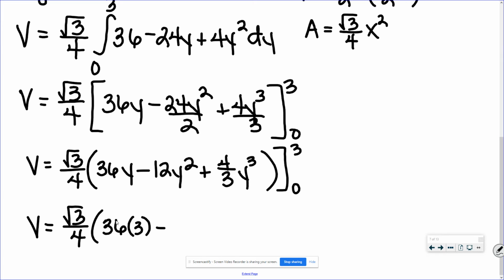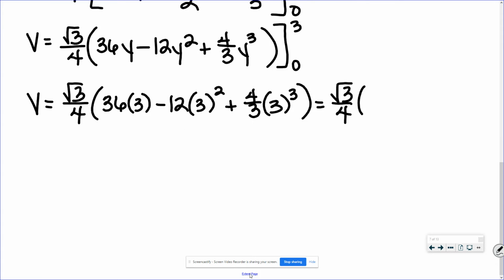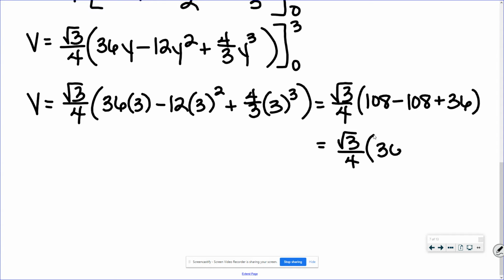So I just need to plug in 3 everywhere that I see a y. If you simplify everything inside the parentheses, you would end up with 108 minus 108 plus 36. Add everything in the parentheses, you get 36, multiply by radical 3 over 4, and you get 9 radical 3.